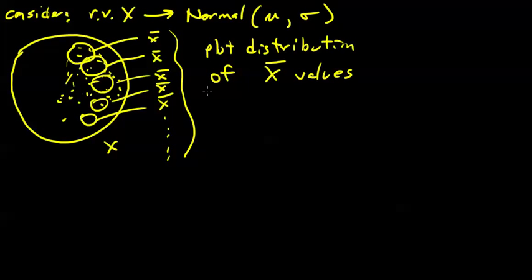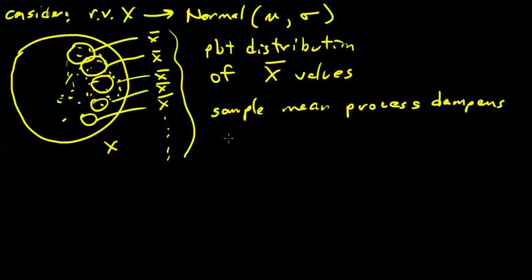Alright, what's going to happen here is the sample mean process dampens or softens the effect of extreme values. Well, that means you'll be less likely to get a sample mean that's extremely high or extremely low.